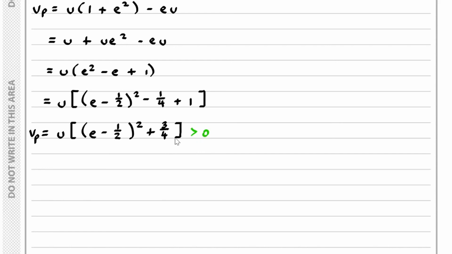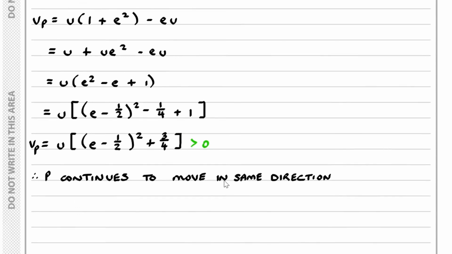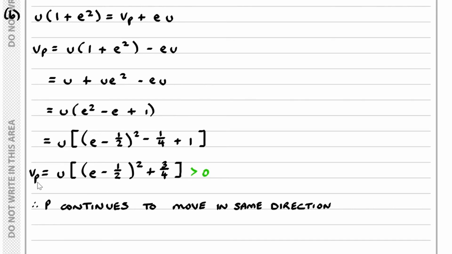Adding on 3/4, this entire bracket is going to be greater than 0. And so what can we conclude from that? Well, we can conclude that P continues to move in the same direction because vp is greater than 0.